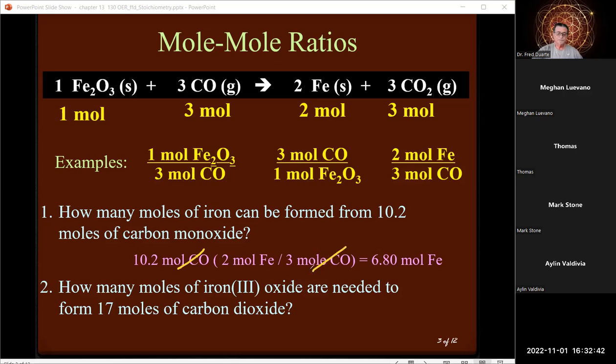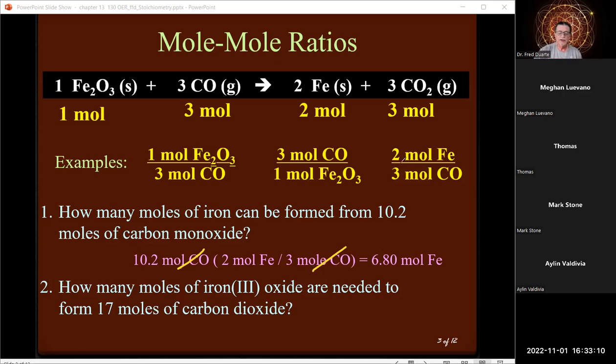When you start off with 10.2 moles of carbon monoxide, you will make 6.8 moles of iron. So you see how we went from A to B through the units of moles, plus through the coefficients of stoichiometry of A to B.